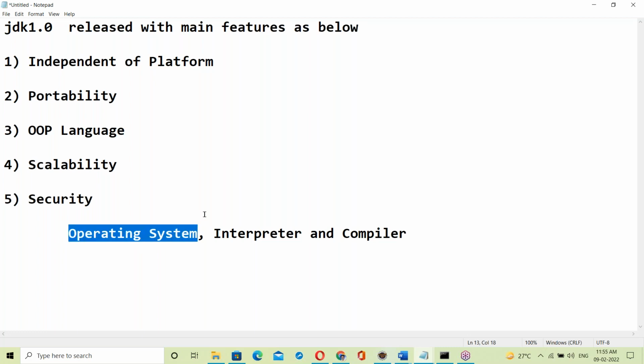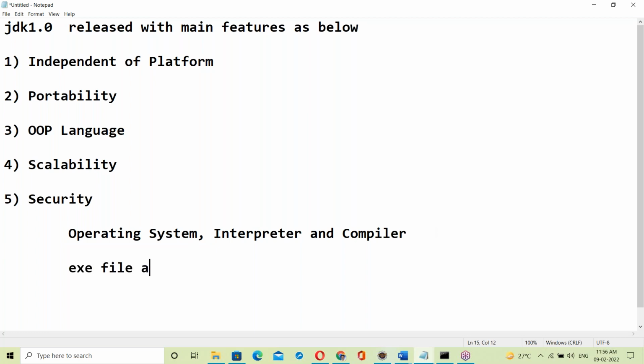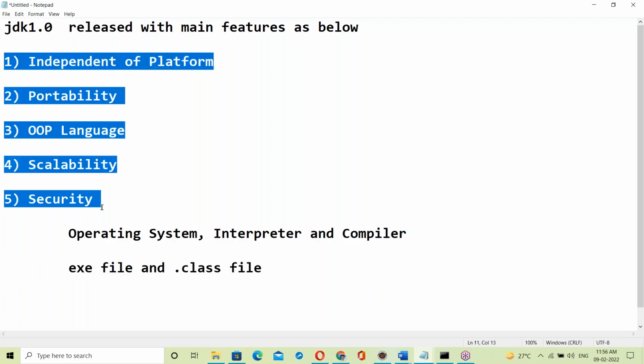How is that OS working? When you are running a Java program, how is that OS behaving? Next, interpreter and compiler. Next, exe file and .NET file knowledge. If you know all of these things, you can understand these features very clearly.